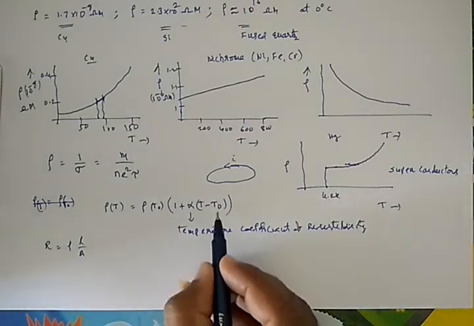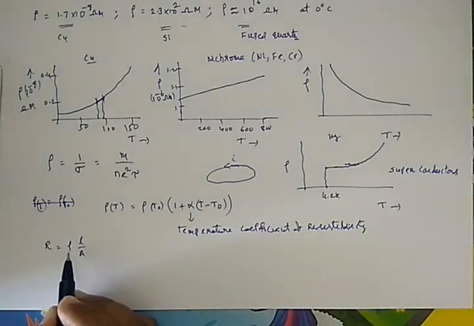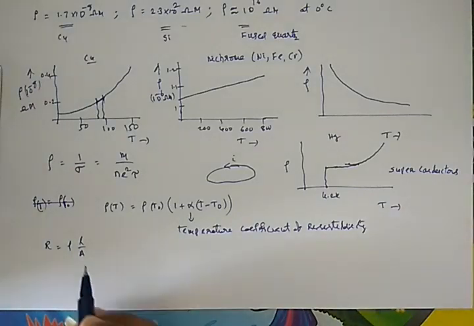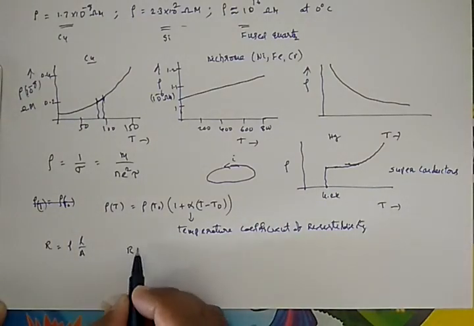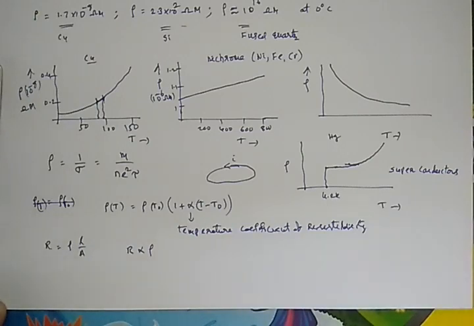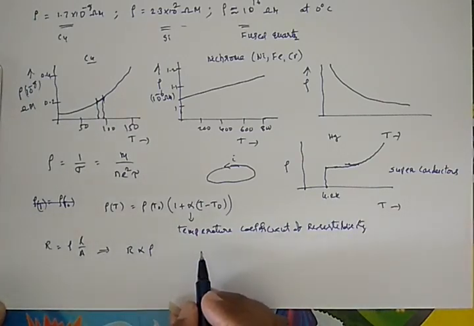So as you increase temperature, resistivity changes. When resistivity changes, R must also change. Let us neglect the effect of length and area. If you find no appreciable change in the length and area of the wire as you increase temperature, then from this equation you can write that R is proportional to rho.